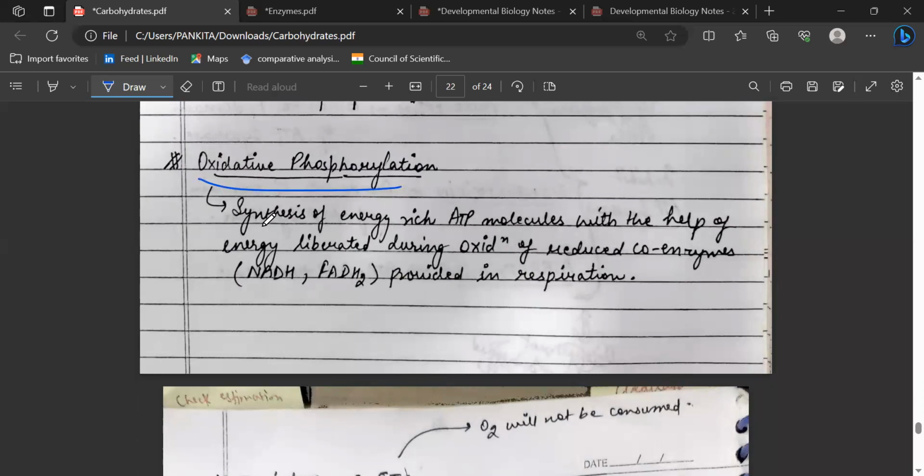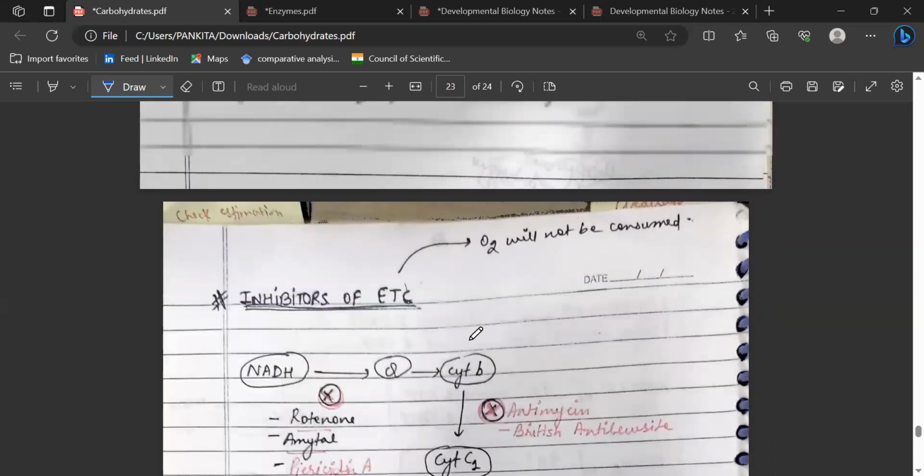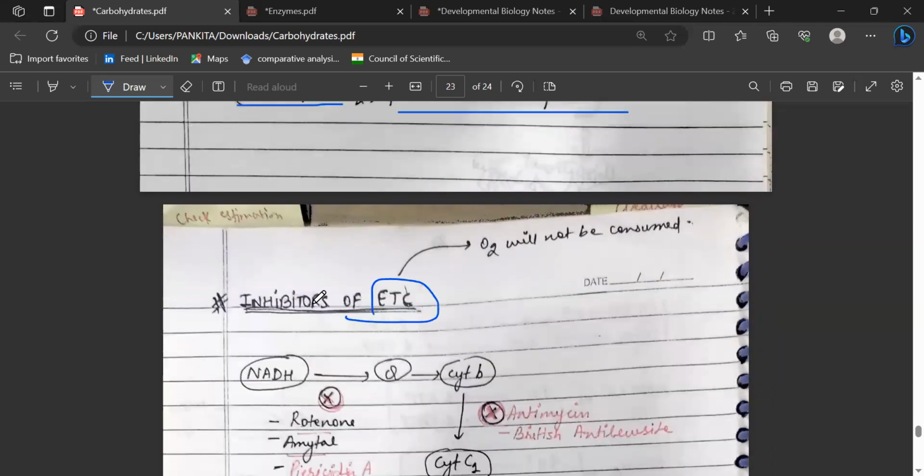Oxidative phosphorylation is basically the synthesis of energy-rich ATP molecules with the help of energy liberated during oxidation of reduced coenzymes, which are basically NADH and FADH2, provided in respiration. If we talk about inhibitors of the electron transport chain, if the electron transport chain is inhibited, oxygen will not be consumed.